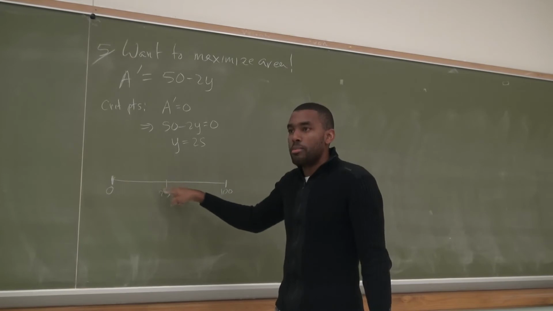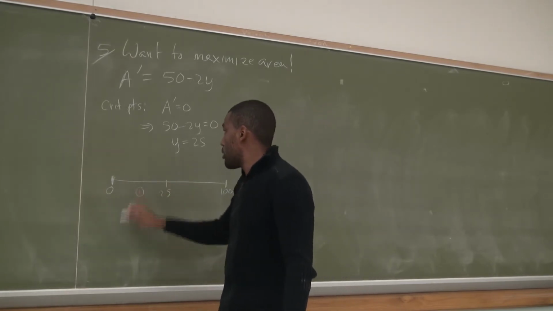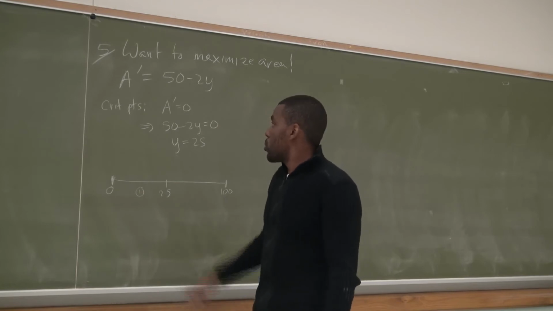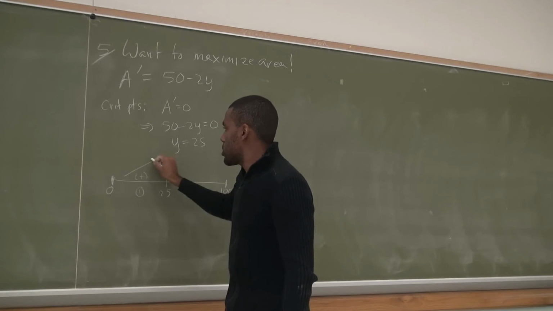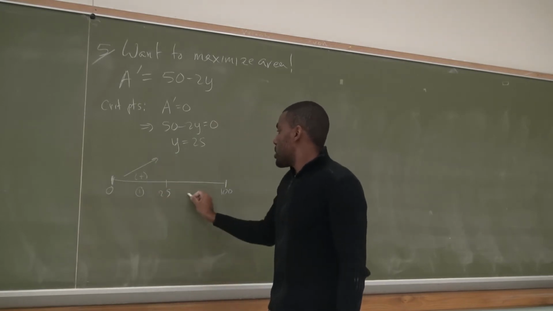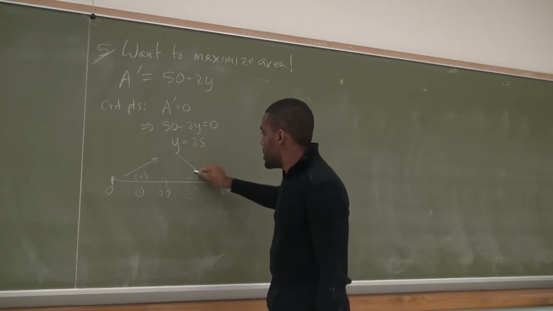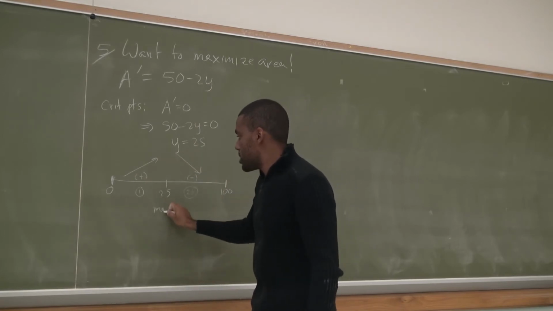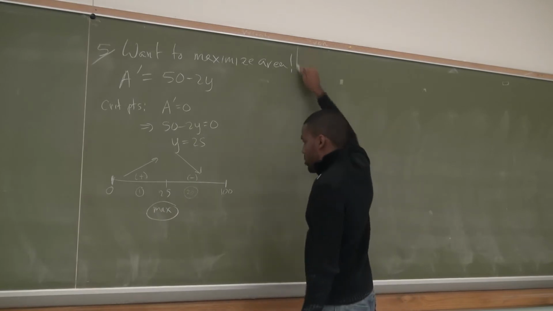So this guy's got to be the guy that's going to give me what I want, and so I can actually test it. Plug in 1. If I plug in 1 into the derivative, I get a positive number. That means we're increasing. Plug in 26 into the derivative, I get a negative number. That means I'm decreasing. So 25 ends up being a maximum, which is actually what I want.